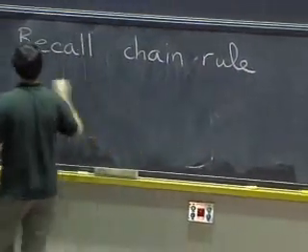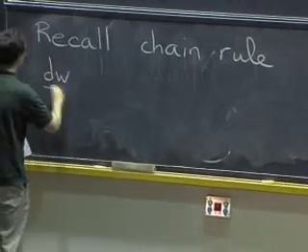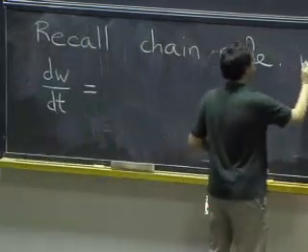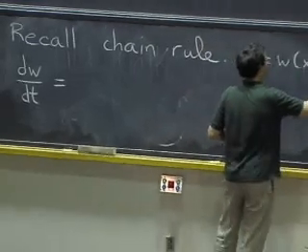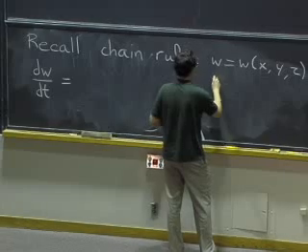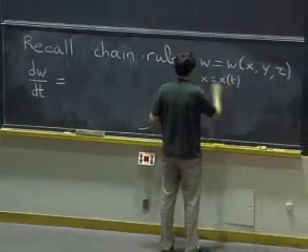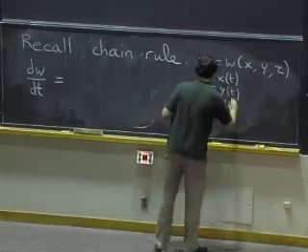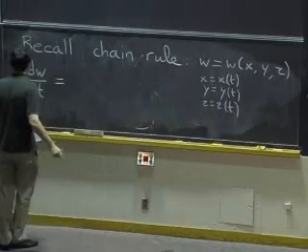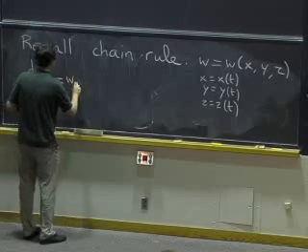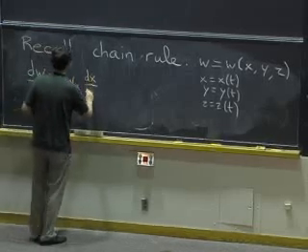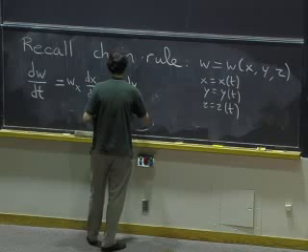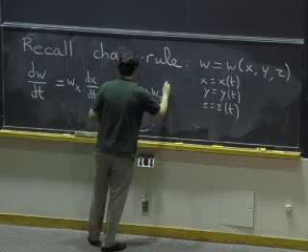And so, for example, we saw that if we have a function w that depends on three variables x, y, z, but x, y, z themselves depend on some variable t, then you can find a formula for dw/dt by writing down w_x dx/dt plus w_y dy/dt plus w_z dz/dt.